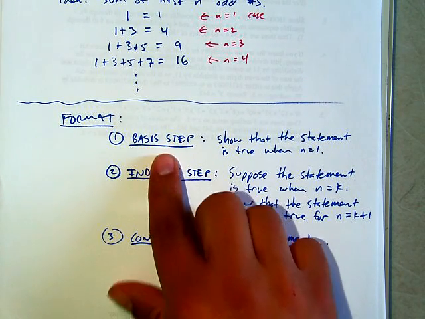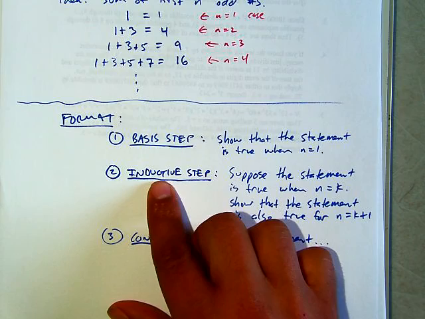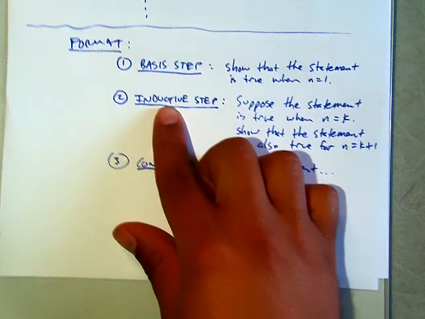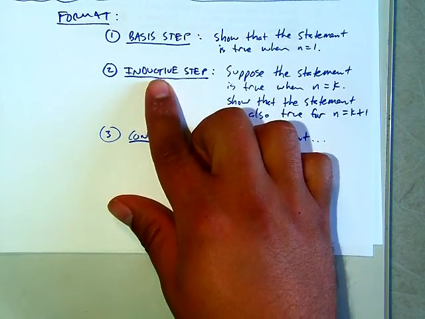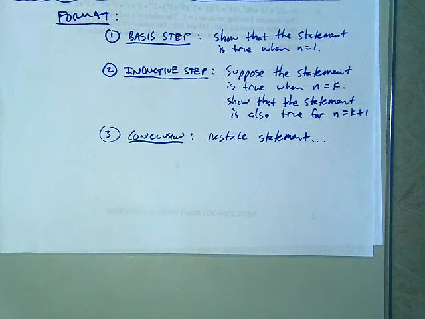Okay, I like that. The inductive step. Okay, so this is the part that's kind of tricky to understand, but I'll show you a visual analogy. Have any of you ever played with dominoes before? How many of you have set them all up and then knocked them down just to see them all fall? Okay, so here's what this means.